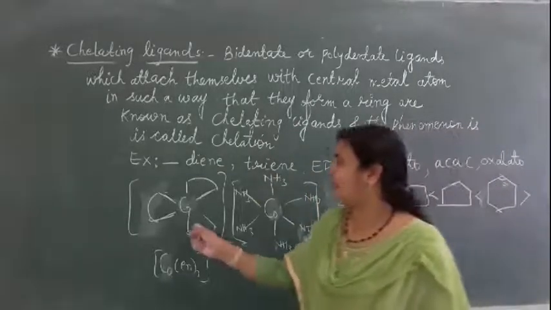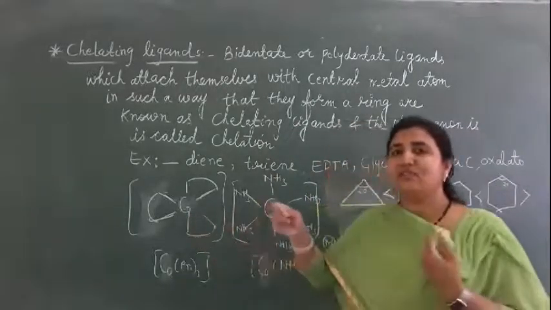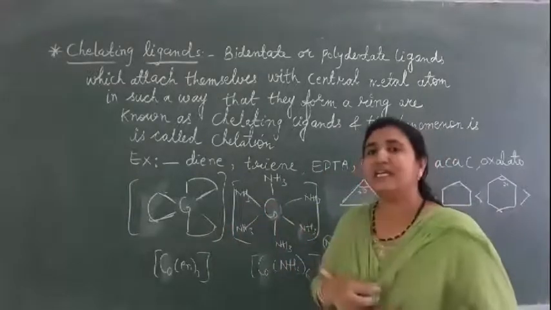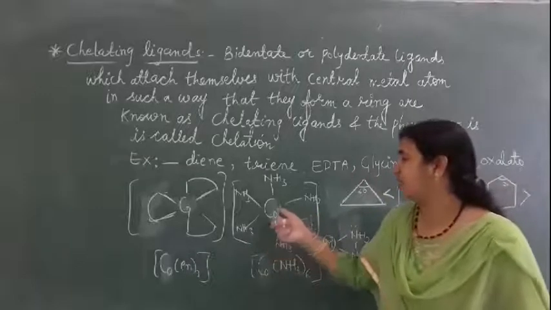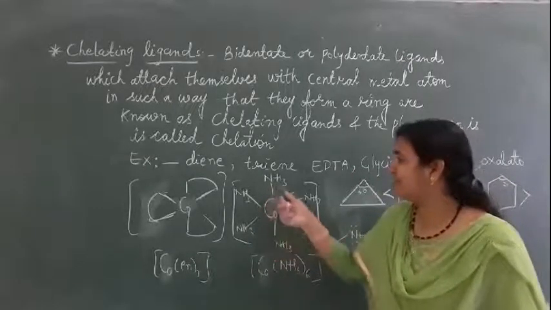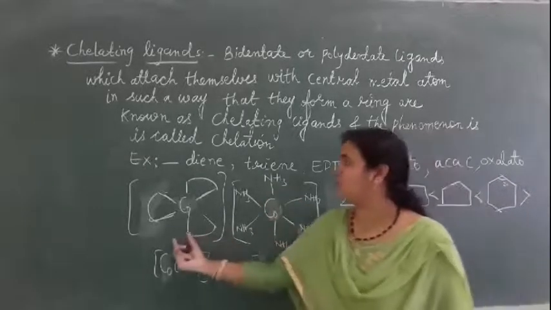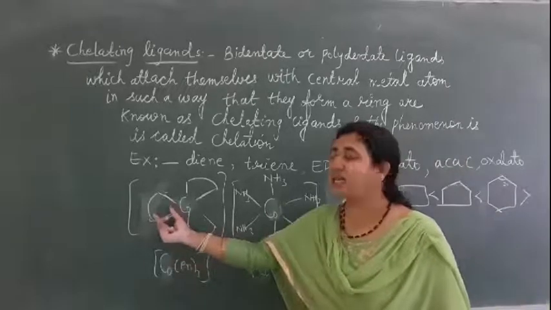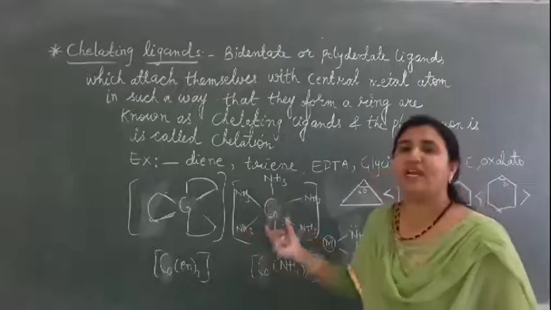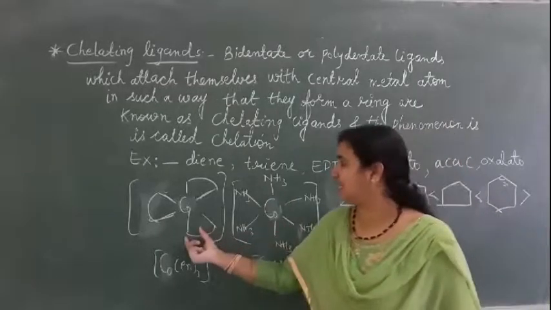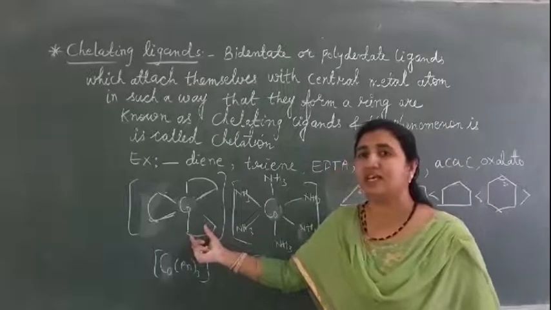In this, what will happen? Compounds having chelating ligands are more stable as compared to the compounds having monodentate ligands, because due to this chelation a ring has formed.